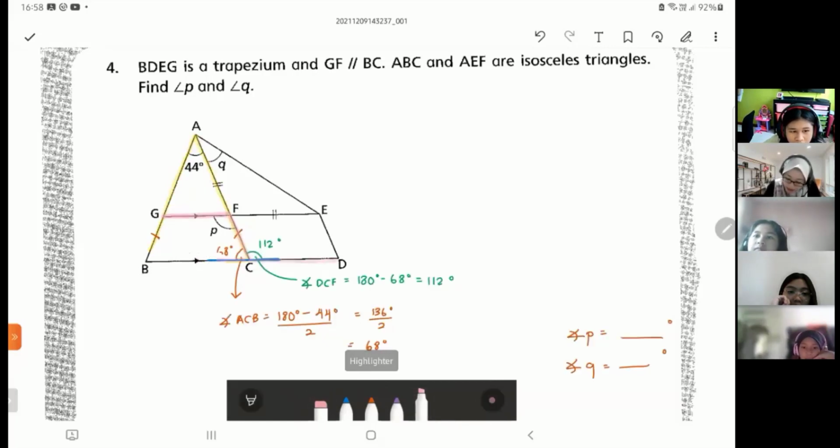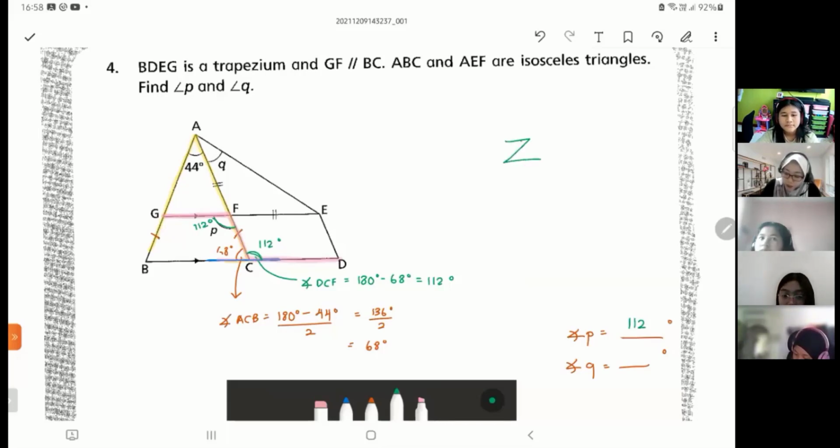This, and this. Okay. And if this is 112, then P is also 112 degrees. So P is 112 degrees. Why? Because of that Z rule, like this. Whatever angle is here, so angle P is here, right? It's equal to this angle as well. Okay, the Z rule. Okay, we got that.